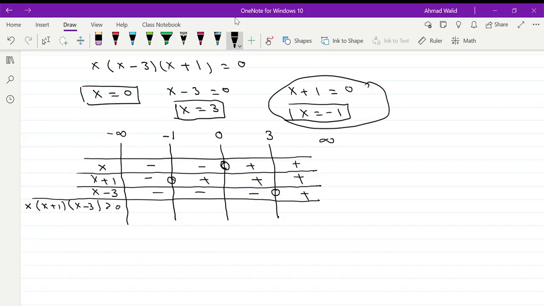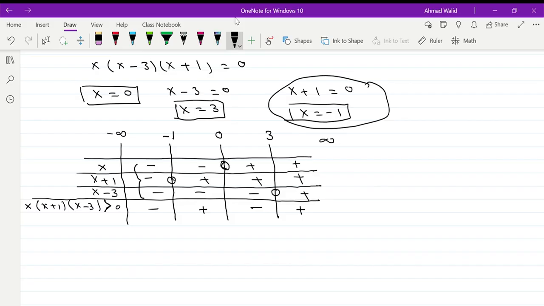Now, multiply all the signs, column by column. Negative times negative times negative gives you negative. Negative times negative gives you positive. Positive times negative gives you negative, and here positive. Now look at your inequality. Is this greater than 0? Greater than 0 means positive numbers, right?